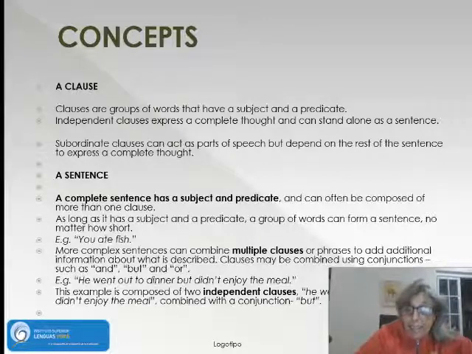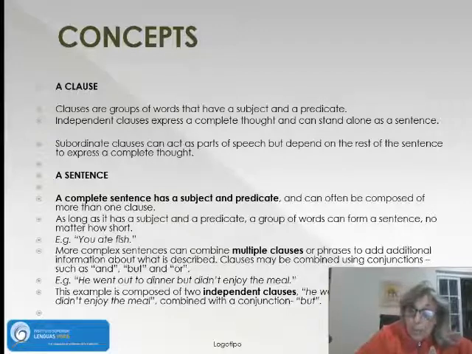I like pizza, but I hate spaghetti. Here we have another example written on the slide. He went out to dinner, but he didn't enjoy the meal.